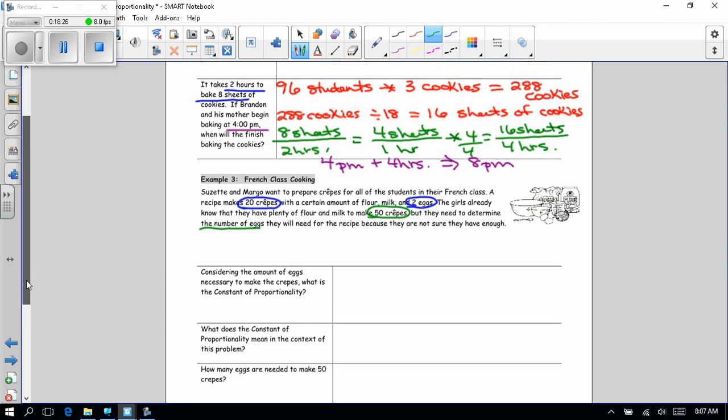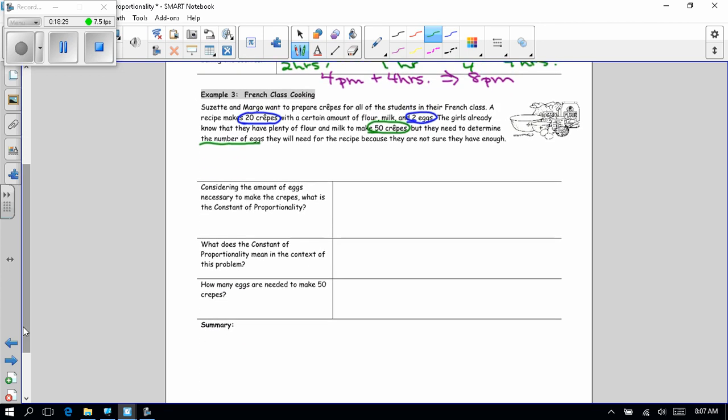Well, let's figure this out. Considering the amount of eggs necessary to make the crepes, what is the constant of proportionality? Now remember, constant of proportionality is also the same as unit rate. So I just need to figure out what the unit rate is.